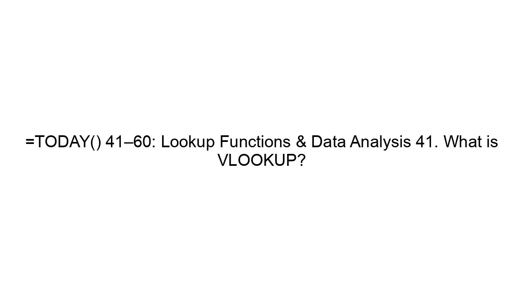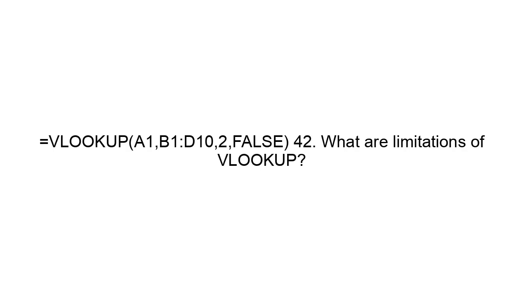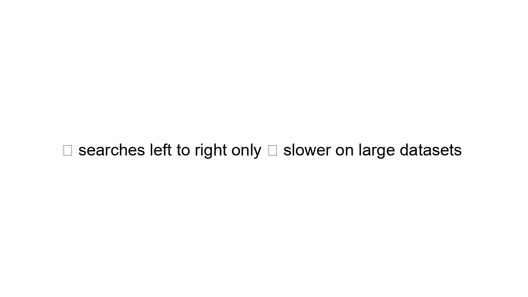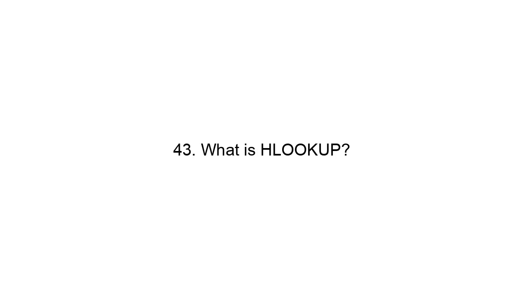41. What is VLOOKUP? It searches vertically in a table. Example: =VLOOKUP(A1,B1:D10,2,FALSE). 42. What are the limitations of VLOOKUP? It searches left to right only and is slower on large datasets. 43. What is HLOOKUP?